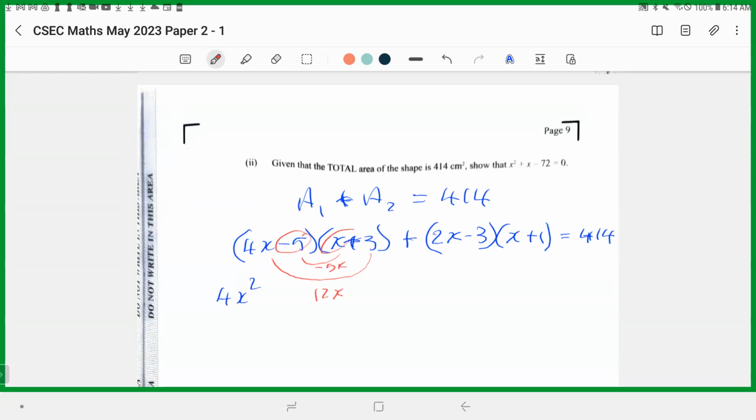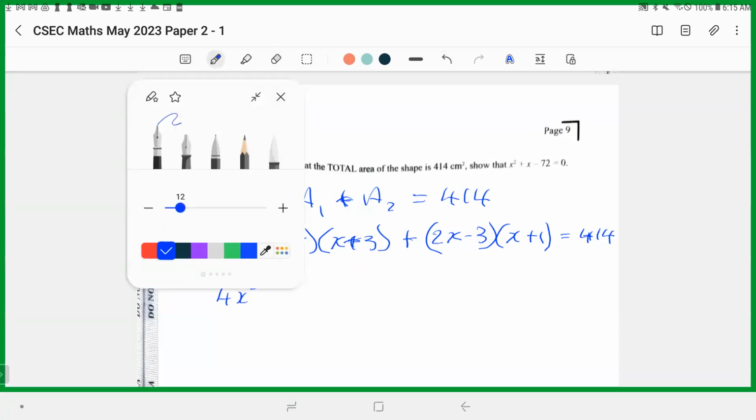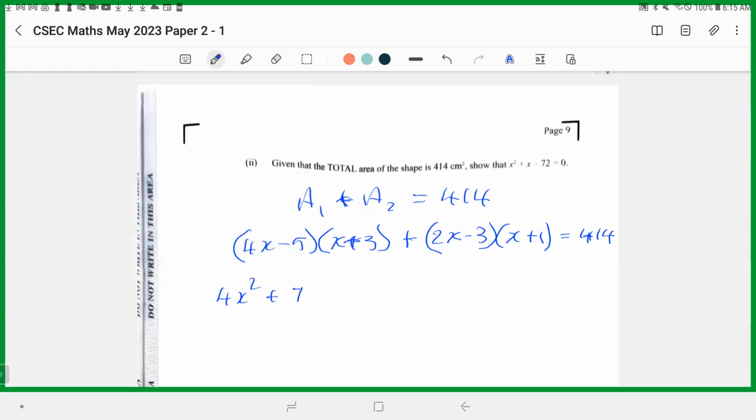We're always going to do the mathematics the easy way. So 12x minus 5x is 7x. So my middle term here is 7x. Plus 7x. And the third term is the negative 5 times the 3, that's negative 15. So this is what we get when we expand here.